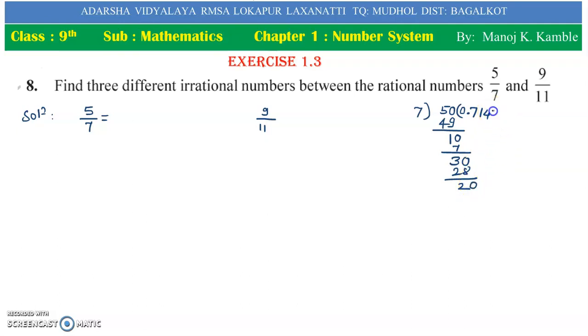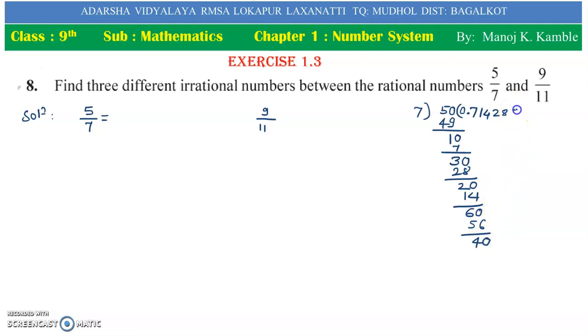Next, 7 twos are 14, remainder 6, it becomes 60. 7 eights are 56, remainder is 4, it becomes 40.